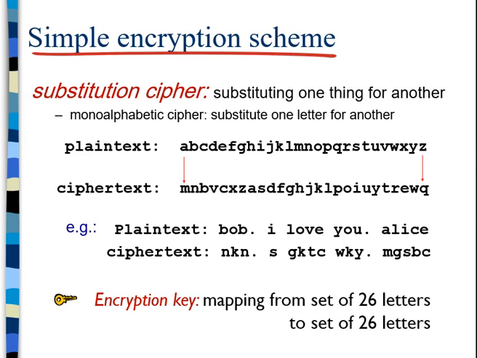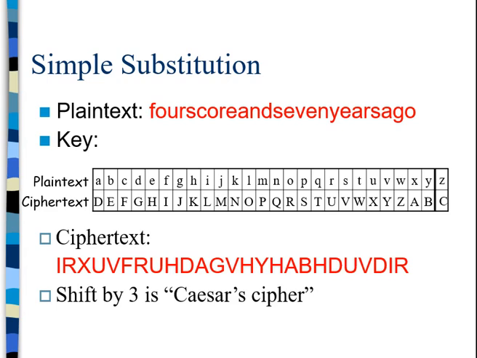In fact, this method is so simple and could be used with any number. I mean, for instance, in Caesar's cipher we used the number 3, but it is not essential to always use the same number.